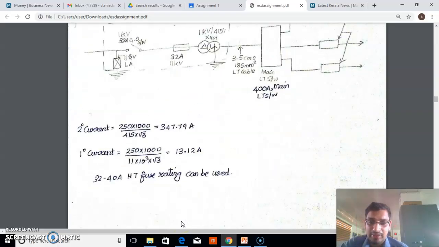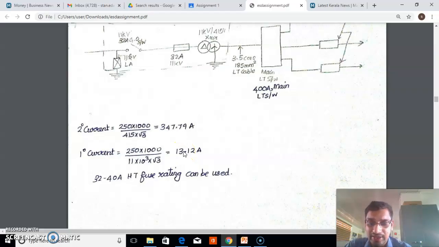Similarly, you find the primary current with the same equation: 250 into 1000 divided by root 3 into the primary voltage, 11 into 10 raised to 3. Now you get 13.12 ampere. So 347.79 ampere is the secondary current and 13.12 ampere is the primary current.